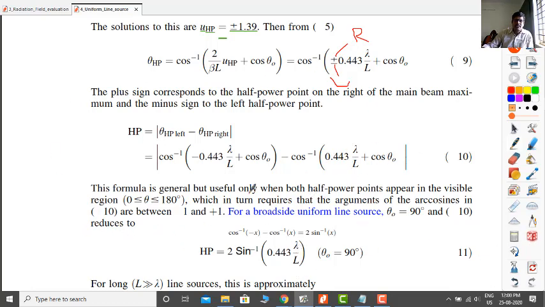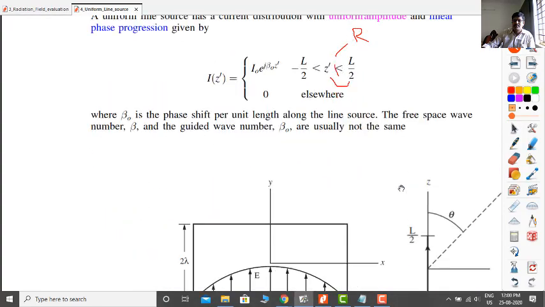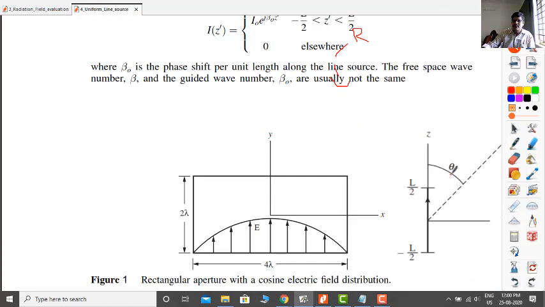Now for the HP computation, there are two radiation directions. One is broadside, another one is end fire. For the broadside radiations, as I told you, the theta will be 90 degree. End fire means the theta is 0 degree or 180 degree.